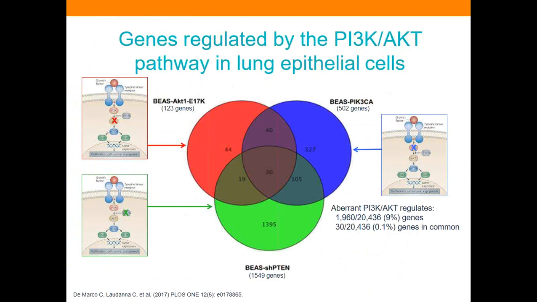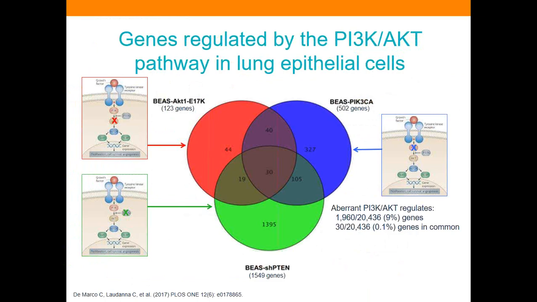And what's fascinating is, if you look at the blue circle on the right, if you transduce a mutated PI3 kinase, that results in significant expression changes in 502 genes.